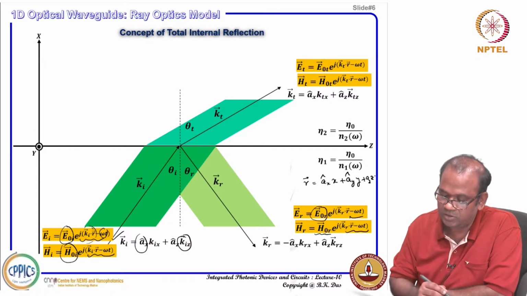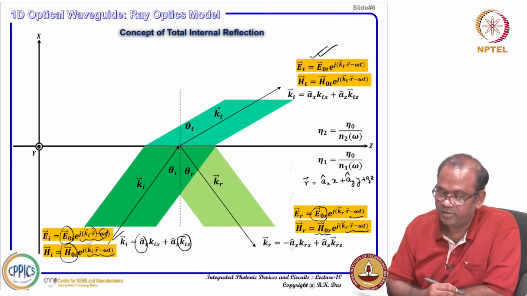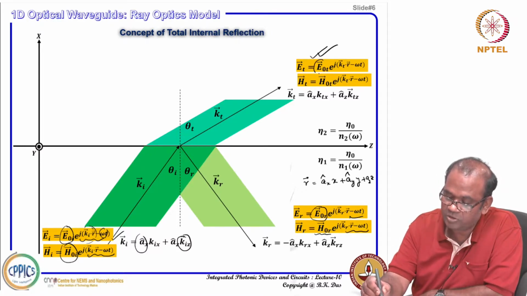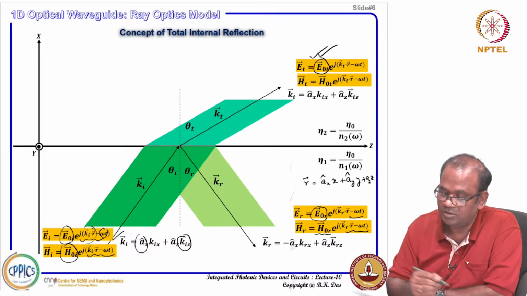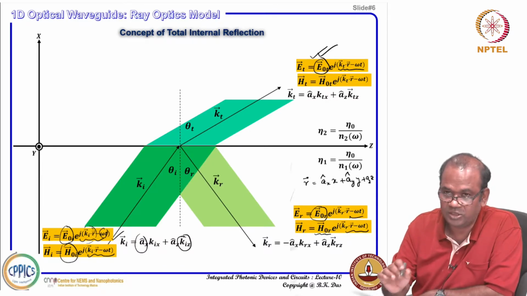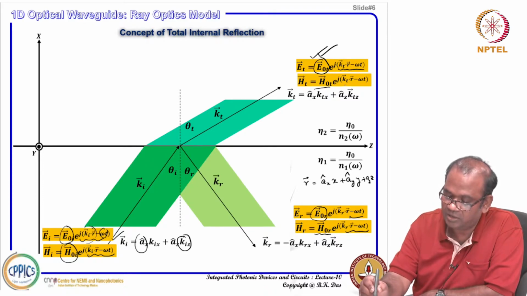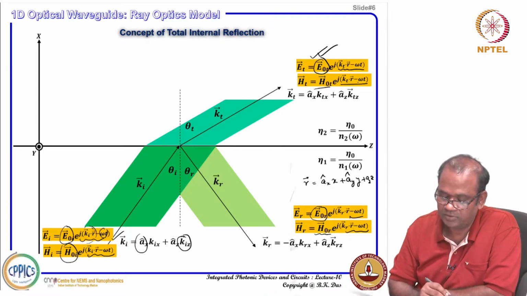So, this is the case. Similarly, for the transmitted wave we can say the transmitted wave amplitude will be this one, which is also a vector. The phase will be, instead of k I or k r, k t. We have assumed that frequency does not change, since it is all a linear medium, no frequency is going to change, and the associated magnetic field we can define like this.